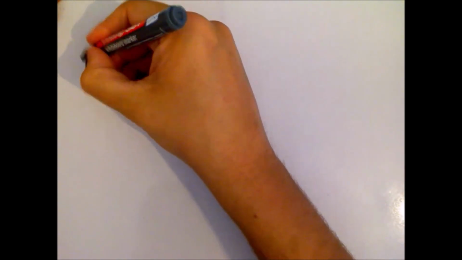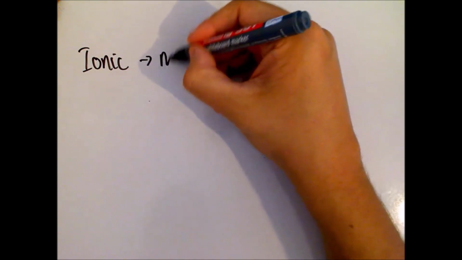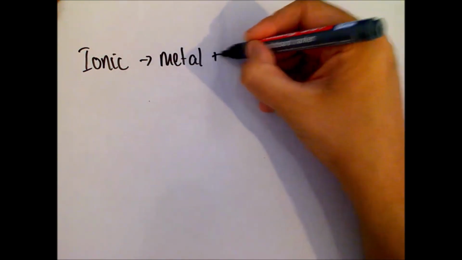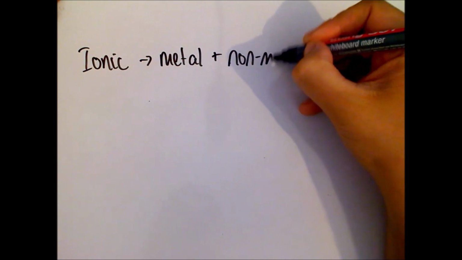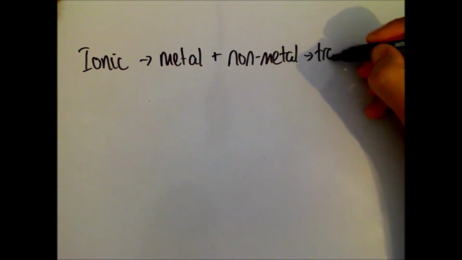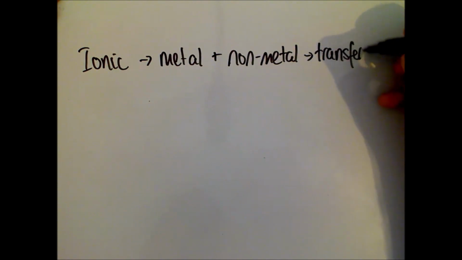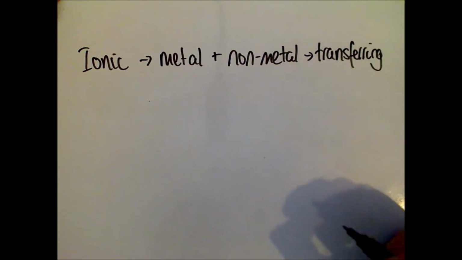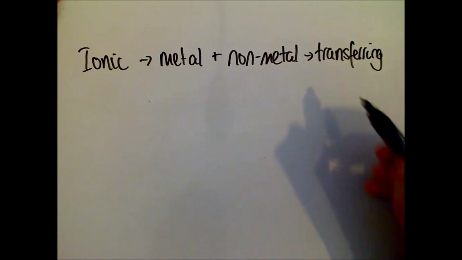Okay guys, so far we've looked at ionic bonding, and that was between a metal and a non-metal. And the way they did that was through transferring electrons. So the electron was going from one atom to another one.